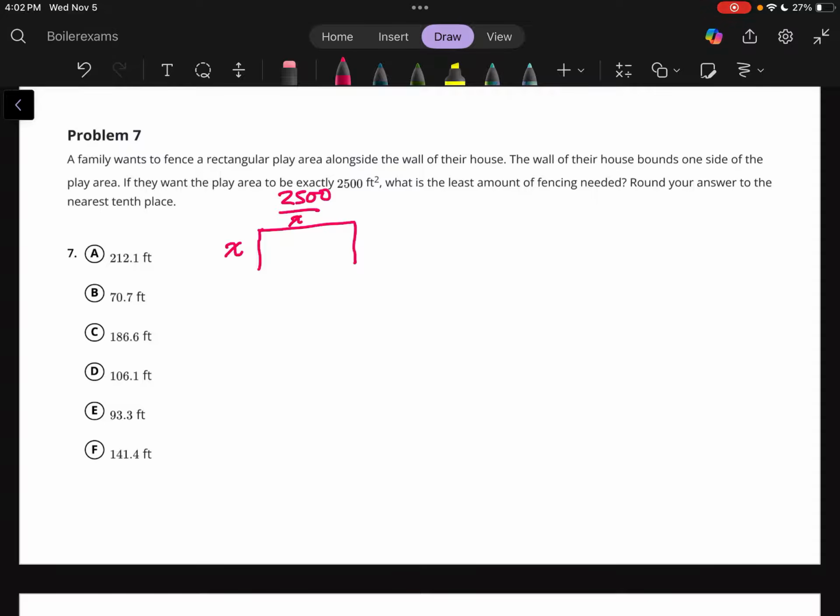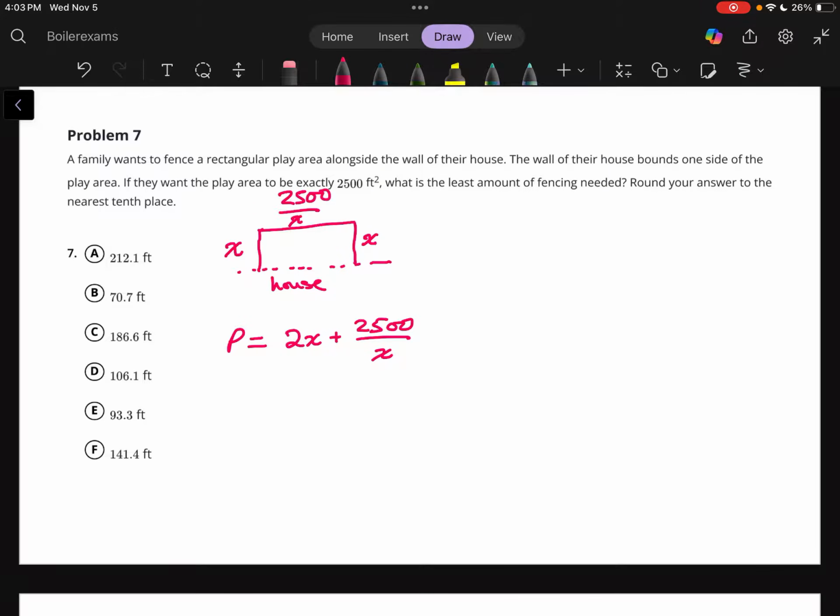Since it's rectangular, this section will also be length x. And this is the house. So the perimeter is equal to 2x plus 2,500 divided by x.